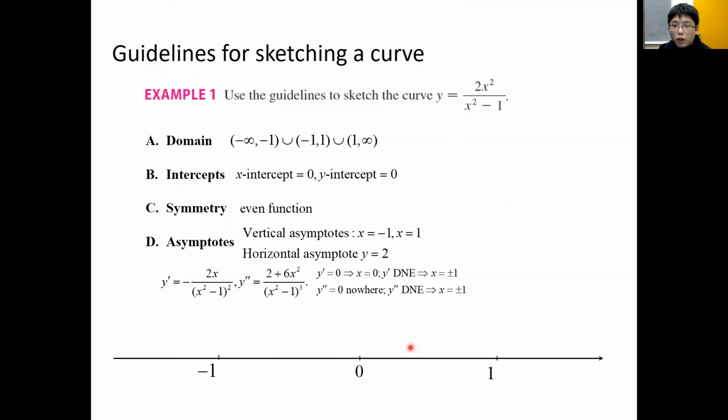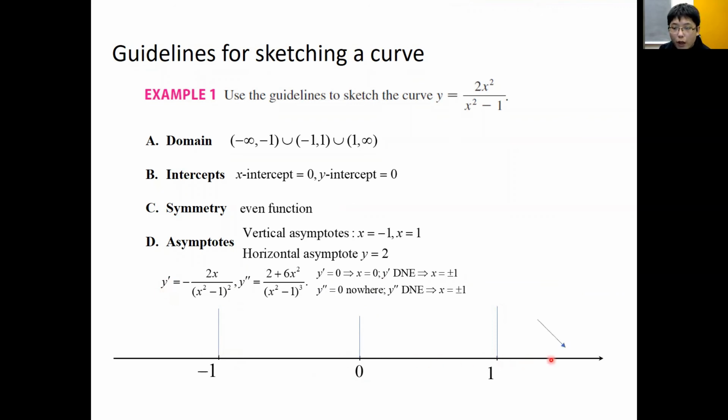Okay, let's try to determine the intervals of increase or decrease. And since x equals 0 and x equals plus or minus 1 are the points where y prime gets strange, we will still keep these vertical line segments here, though these two guys are not really critical numbers. Okay, so then let's try to determine the sign of the derivative y prime over each interval.